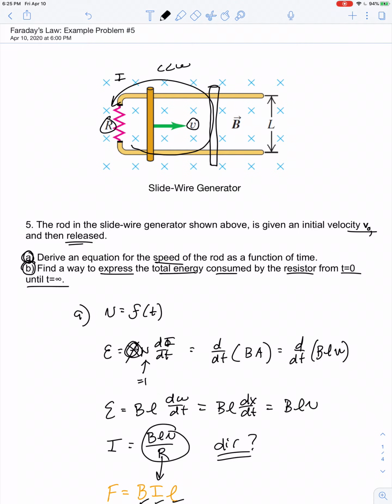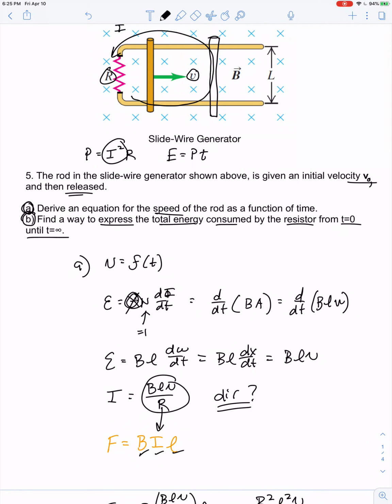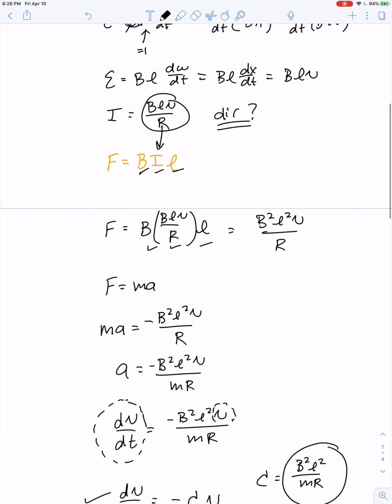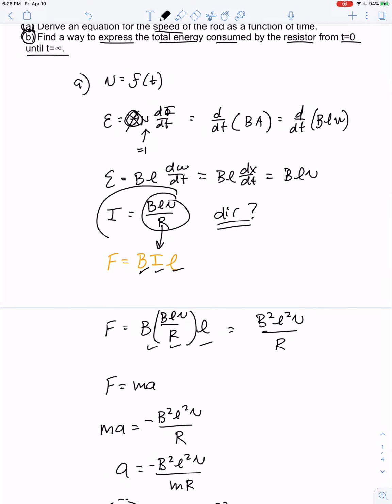So we could say something like power equals current squared multiplied by resistance, and then energy is equal to power times time. The only problem with this would be the current is not a constant amount of current. Because the velocity is decreasing, our expression for current depended on velocity, but the velocity changes with time.